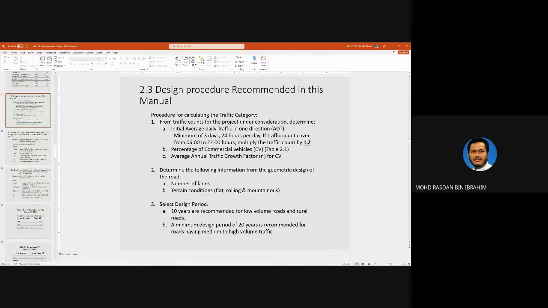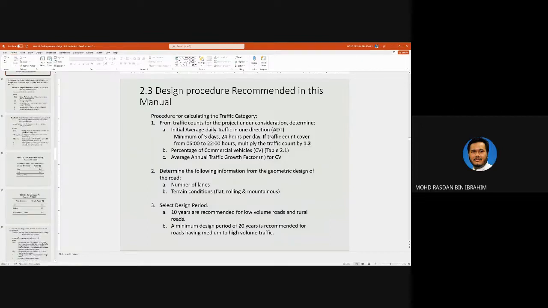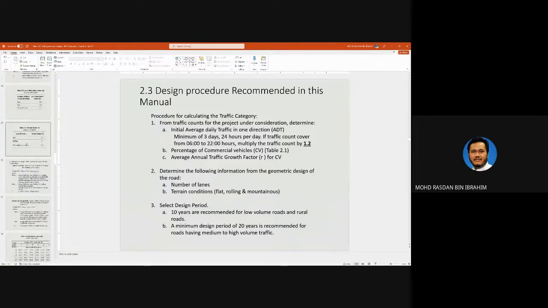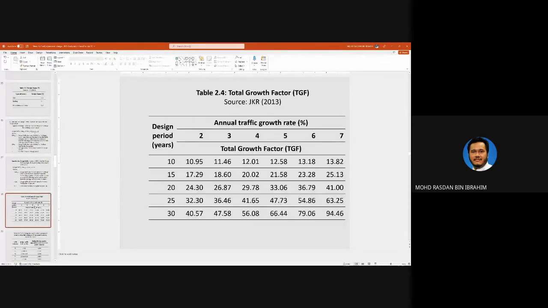All right, and then you need to know the percentage of commercial vehicles as shown in table 2.1 before this, and also the annual traffic growth factor for the commercial vehicle. So usually for the growth factor here, we'll use this table. Tak apalah, tengok ni.